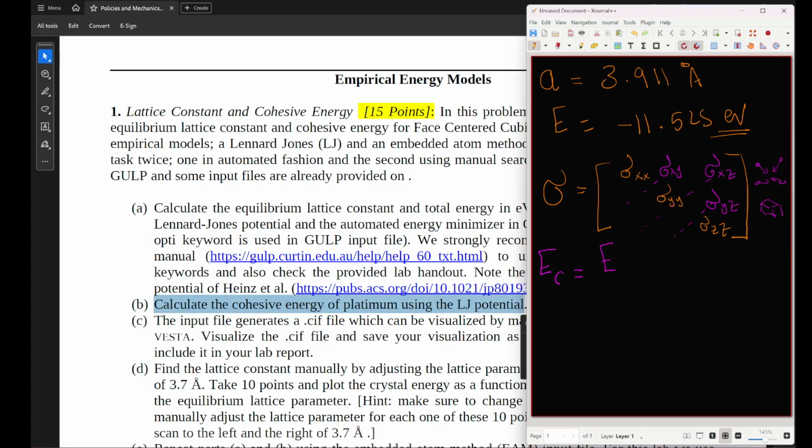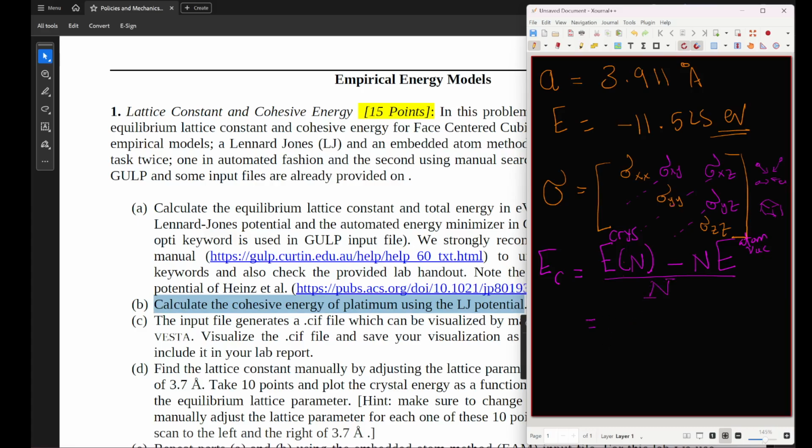If you go back to the series of videos where we discussed cohesive energy, especially with regard to metals and metallic bonding and the embedded atom method, we said that the cohesive energy is the energy of the crystal made out of n atoms, minus n times the energy of a single atom in vacuum or in a gas phase alone. And to make this quantity intensive in the language of thermodynamics, that's not depending on the size of the system, you need to normalize by dividing by the number of atoms.